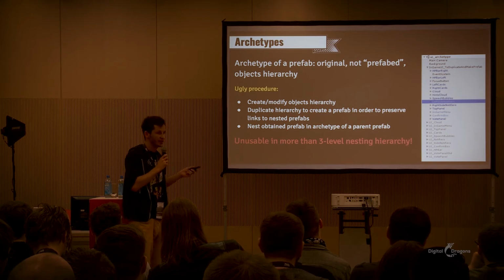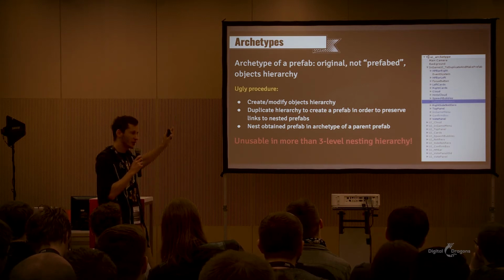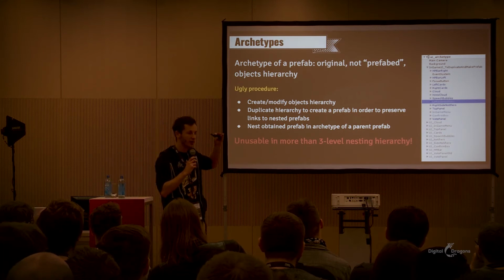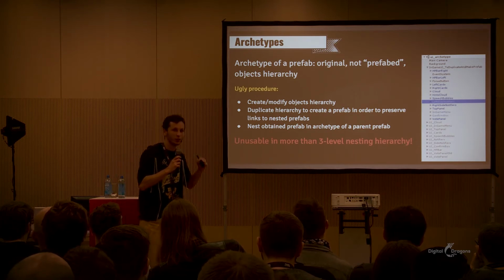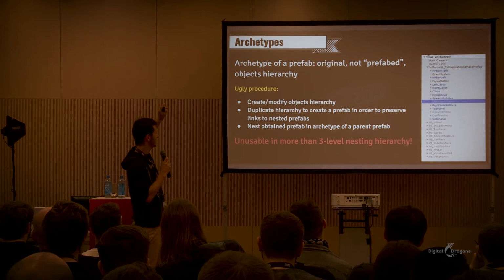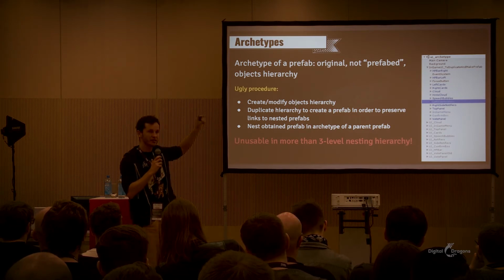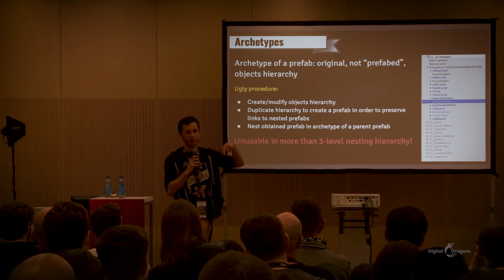So what's the idea? We have somewhere on the working scene an original hierarchy of things that we want to be prefabbed, but we do not prefab it at that place. We modify them, then we make a duplicate, and from this duplicate we make a prefab.